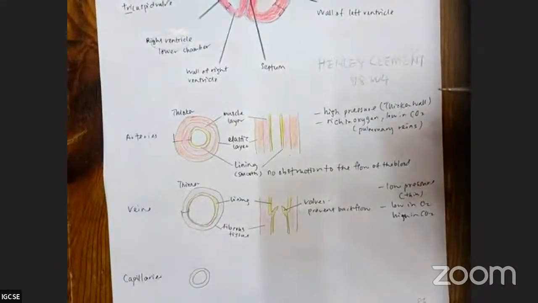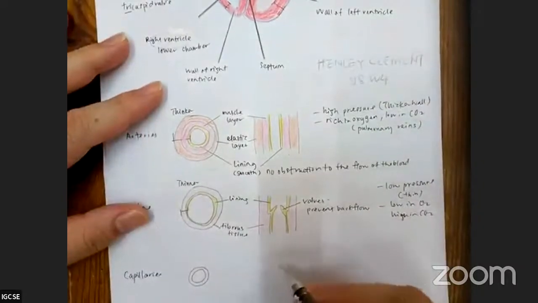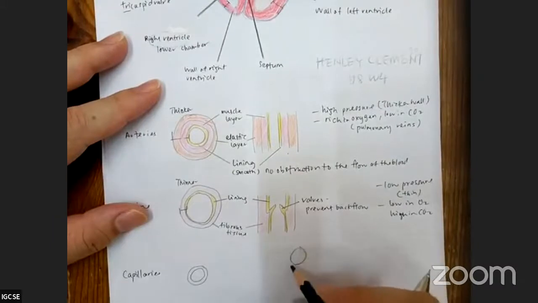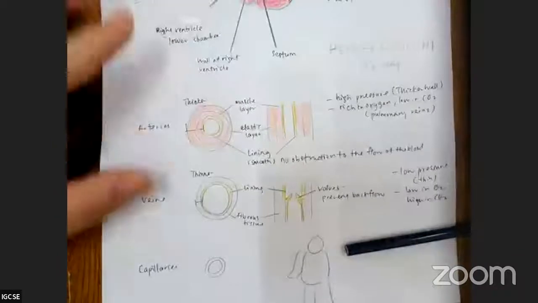Then we have the capillary. When this is a human being, for example, this is the body, this is the hand, this is the leg, and the heart is this part.